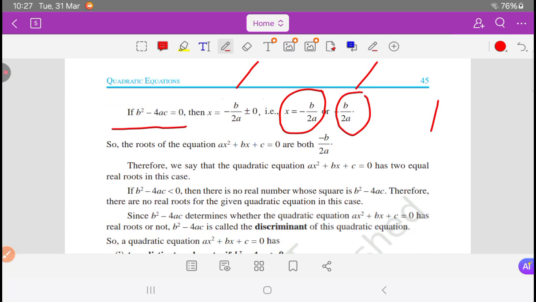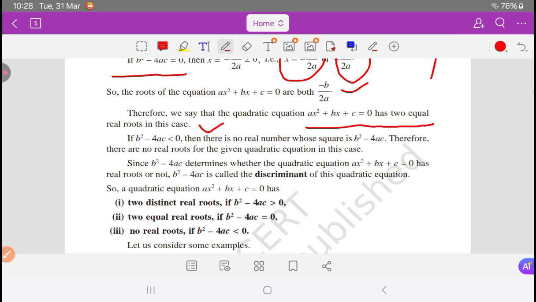Roots for this equation are both the same when this discriminant is 0. Therefore, from the equation you can say that it has two equal roots. If b square minus 4ac is less than 0, that means a negative value, then there is no real number whose square is b square minus 4ac.